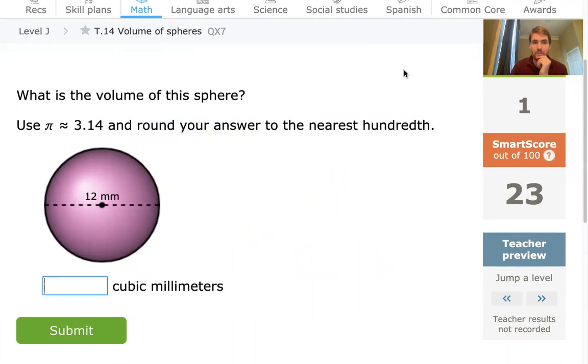Very similar problem. What is the volume of the sphere? What is the key difference here? Think to yourself, we want to use the formula V equals 4/3 pi r cubed. The key difference is this is giving us the diameter and we need the radius.